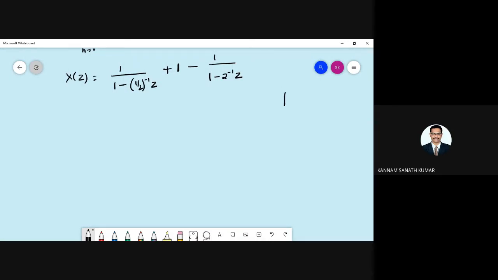If you see the ROC, mod of (1/2) inverse z is less than 1. So that means mod z, since 1 by 2 inverse means 2, 2z is less than 1, so mod z is less than 1 by 2.